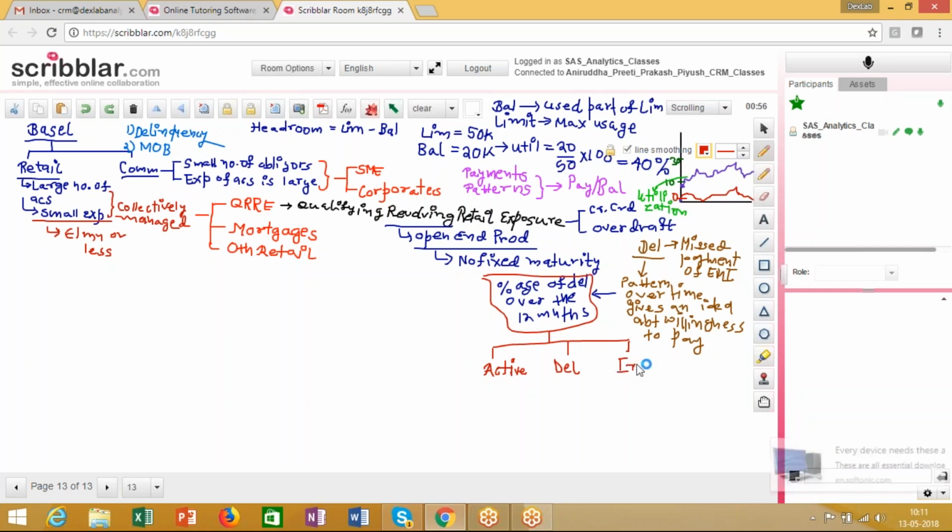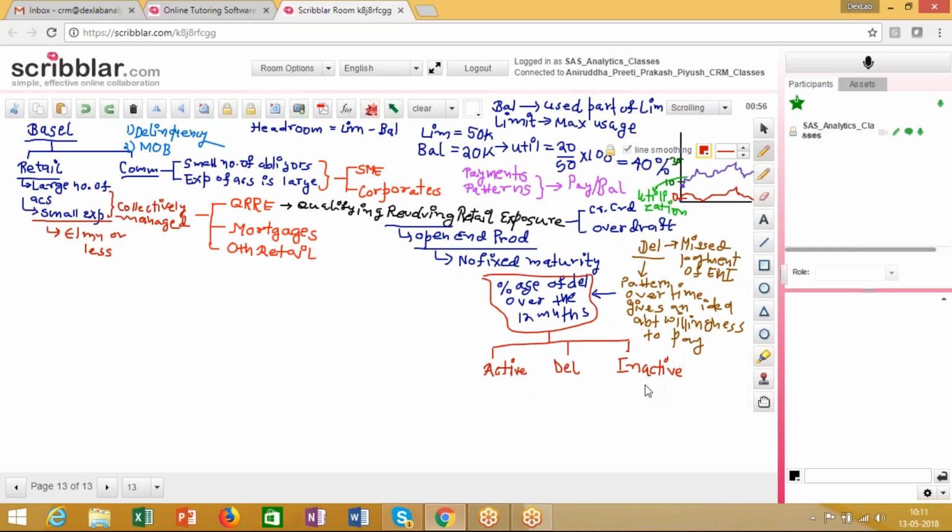It is generally seen that accounts which are delinquent as of a given snapshot tend to default relatively more over the next 12 months compared to active accounts which are not delinquent. So this is a segmentation exercise that generally happens when we develop our own models, where the entire population is divided on the basis of riskiness: active, delinquent, and inactive borrowers.